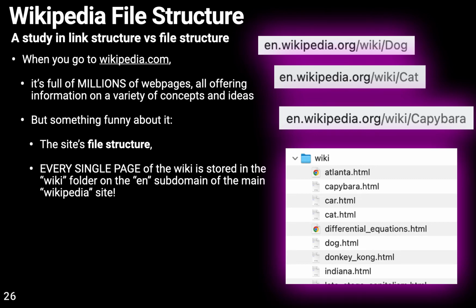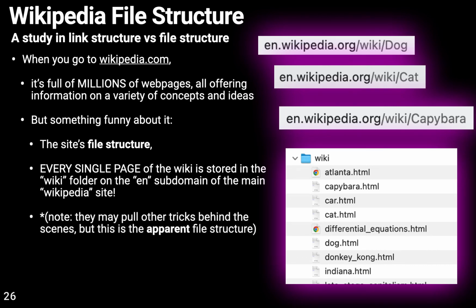So wherever you access, whatever the root directory is on wikipedia.com's server, the wiki folder is first, and then everything else is another page, right, with its own index. So this is implying the structure that everything is just flat, right? It's one folder called wiki with a million web pages under it.